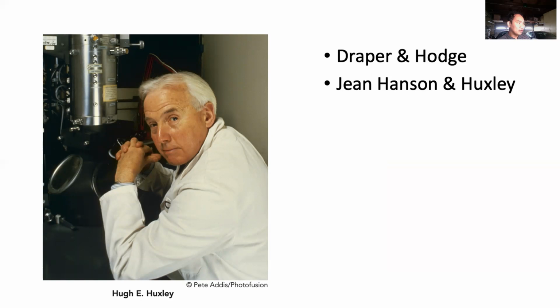With the development of the electron microscope, around the end of the 1940s and early 1950s, they were able to identify the microscopic arrangement of muscles, which you will learn in a later part of the lecture.